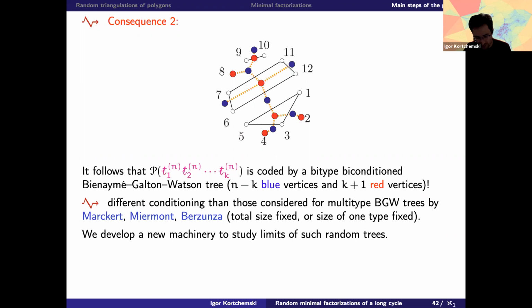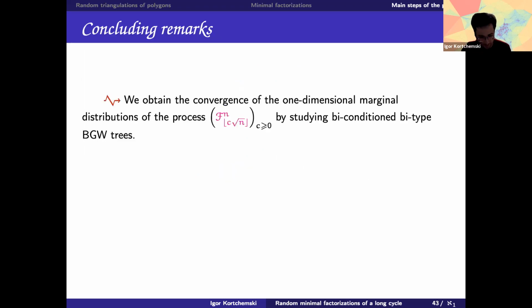And also, since the numbers of vertices are fixed and not necessarily typical, we also have to do some exponential tiltings. So the offspring distributions involved will depend on n. So we have bitype, biconditioned Bienaymé-Galton-Watson trees with offspring distributions that depend on the size. It's rather involved, but I hope that the main idea is clear.